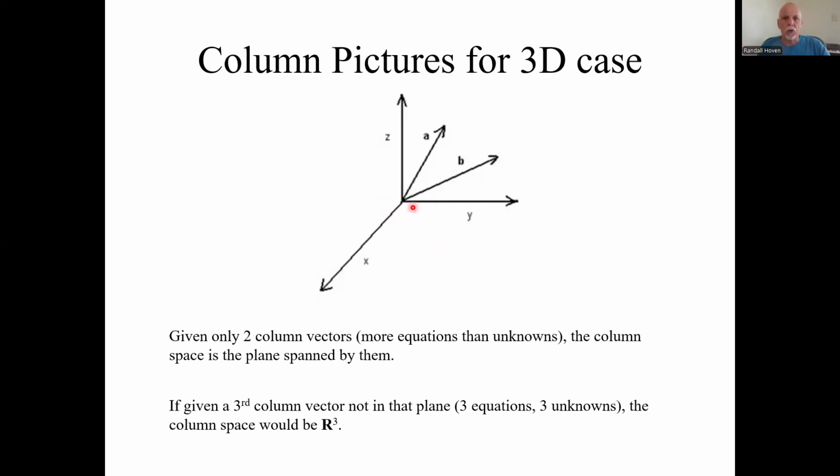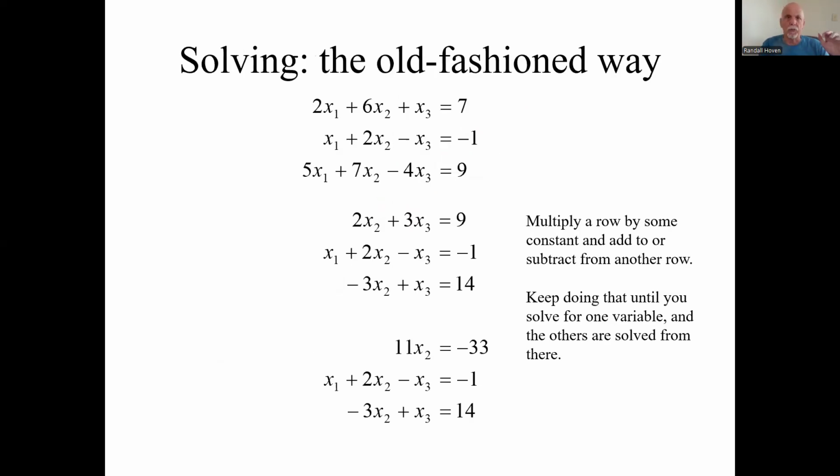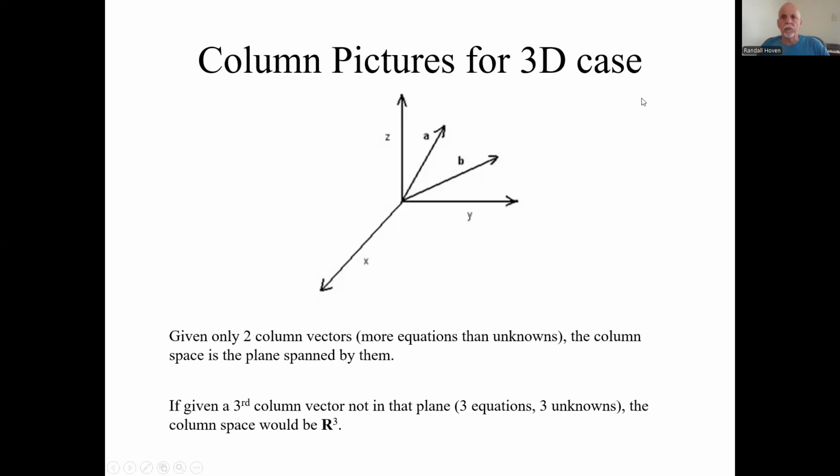And even if it were more than XYZ, say N, but you're only given 2, call that a hyperplane, I guess. That would be your column space. So that's a couple of views, row views, column views. We'll get into solving Ax later. Next.